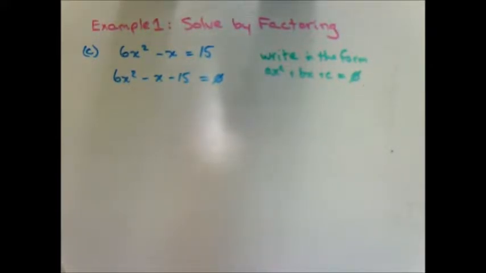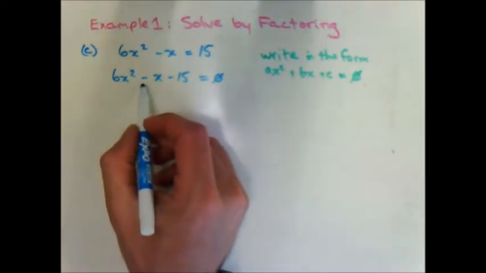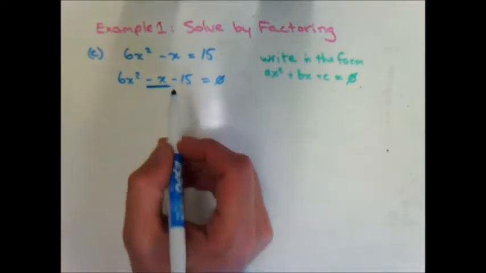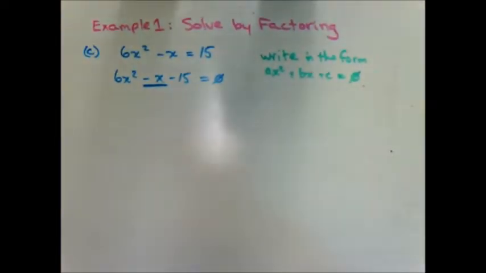Now if we look back on our strategies for factoring the left side of this equation, what would our strategy be? How are we going to split up this middle term? How are we going to find our two factors? Multiply 6 and 15 and find the factors.